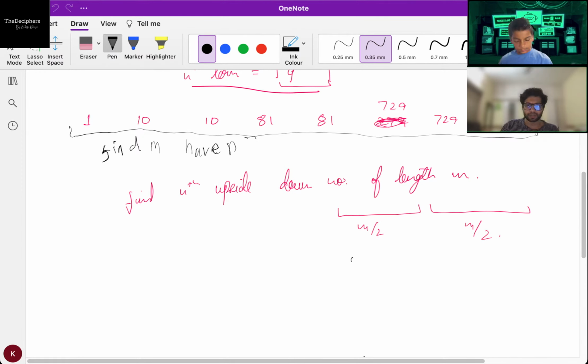So let's try to draw a few examples. That way it might get a little more clear. Let's find the fifth answer. So we already know that it can't be a one-digit number, so we'll run from here. So we need to find the fourth upside down number. Now, how will you generate the fourth upside down number?